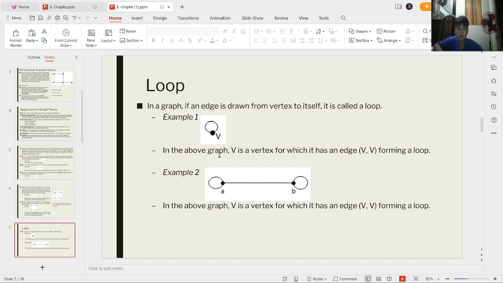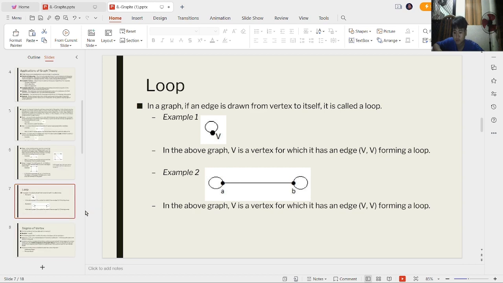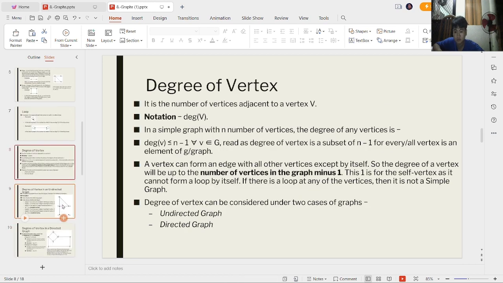In the above graph, V is a vertex for which the edge VV forms a loop. Example, in the above, V is a vertex which has an edge VV forming a loop.